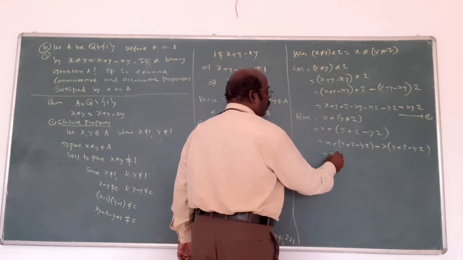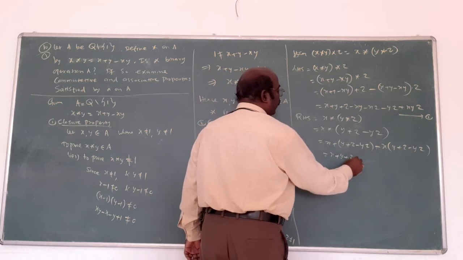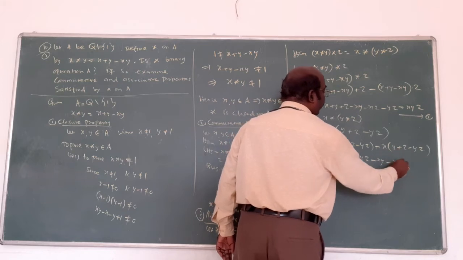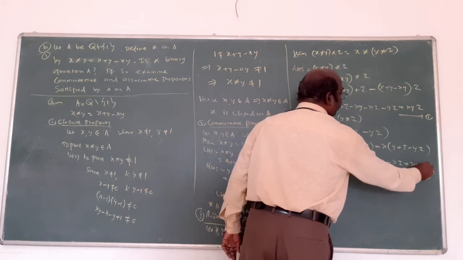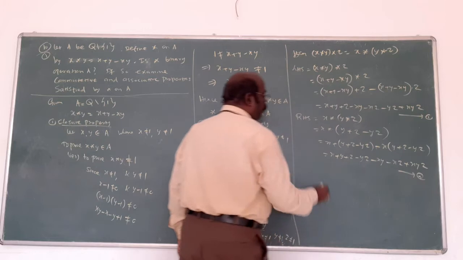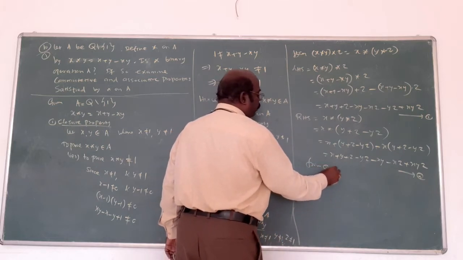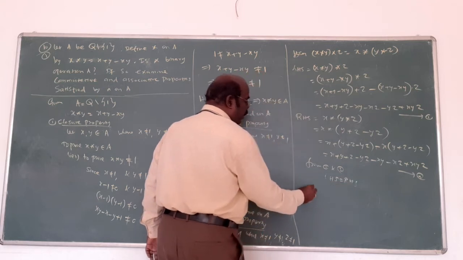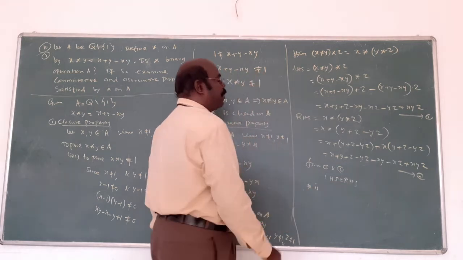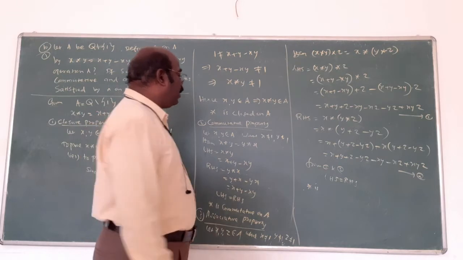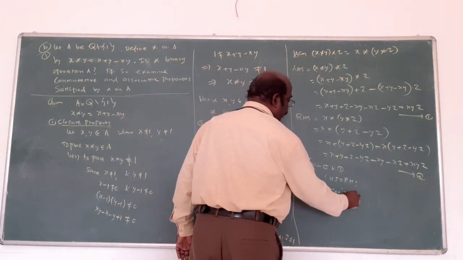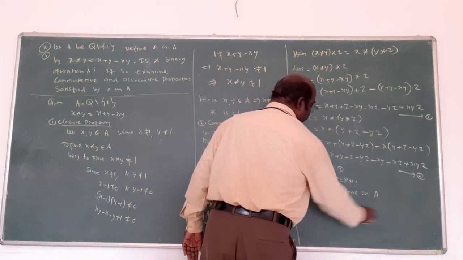Now remove the bracket: x plus y plus z minus yz minus xy minus xz plus xyz. This is from LHS to RHS. That's why star is associative on A. Again, associative on A is the answer.